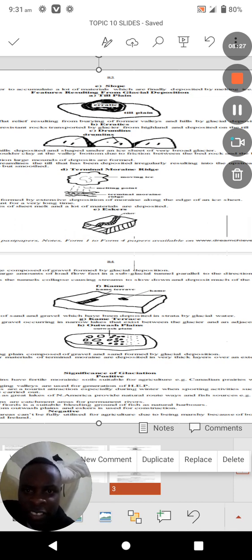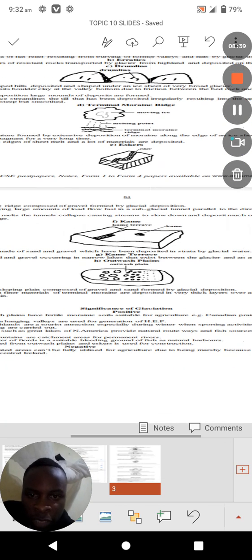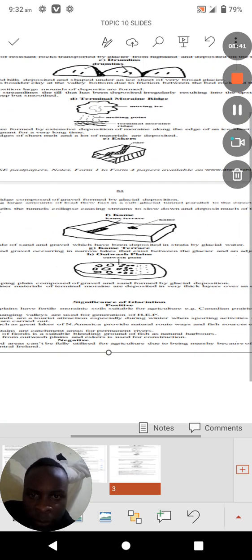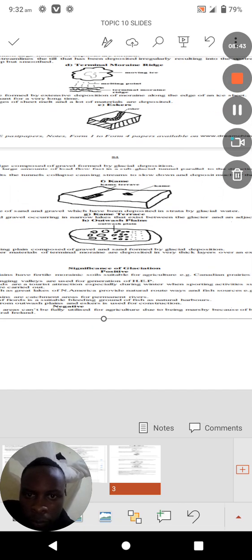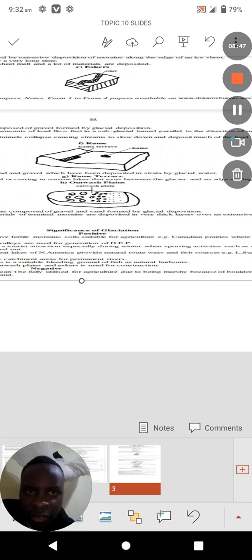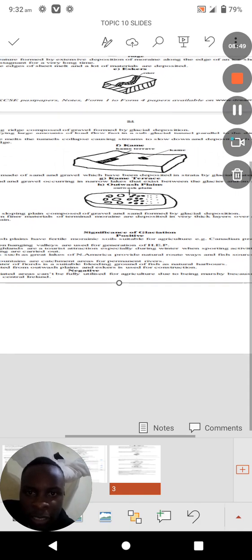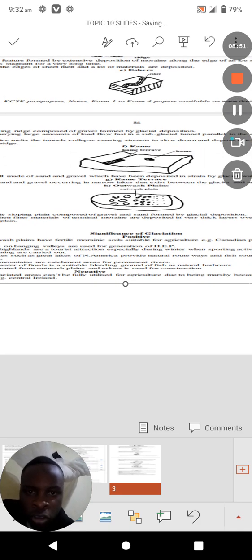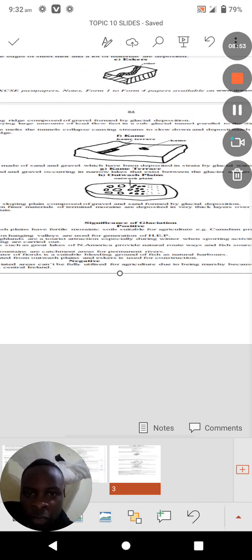These are the drumlins; they look like a drum or a log. Then the terminal moraine or ridge, and we have the eskers. We have the kames and the kame terrace. Then we have the outwash plains. You can see how they look.